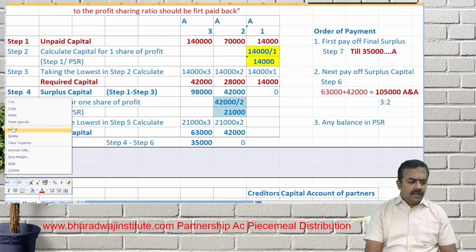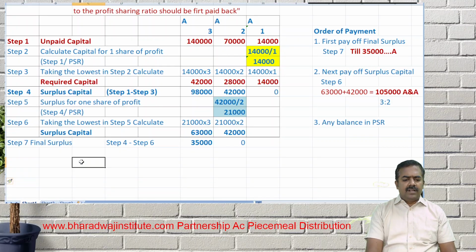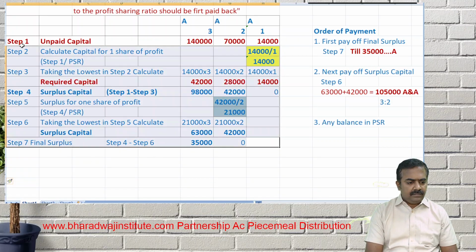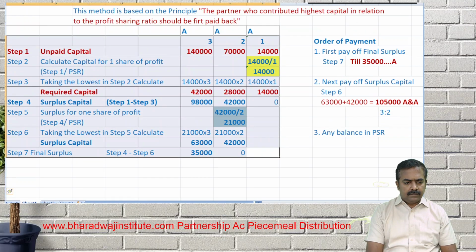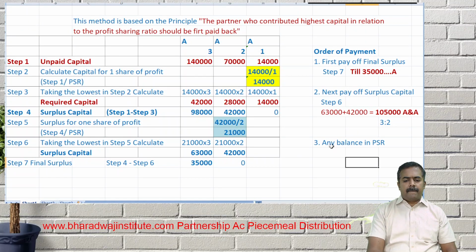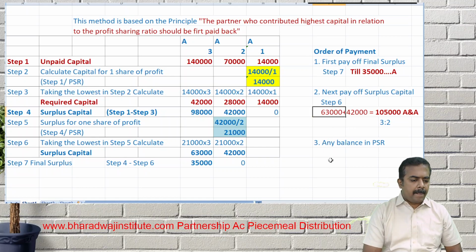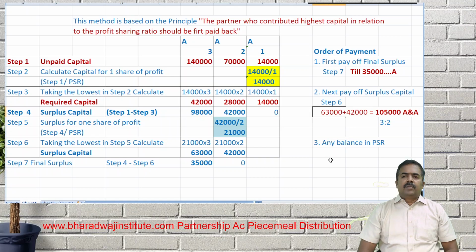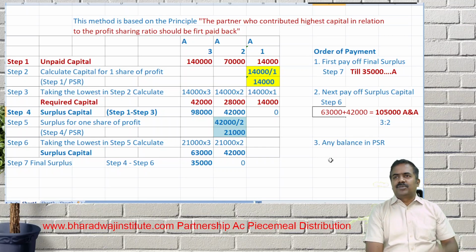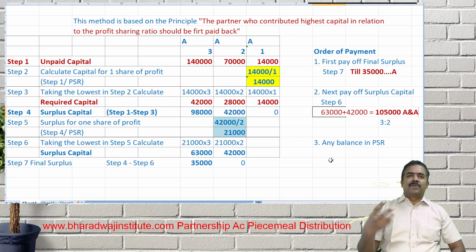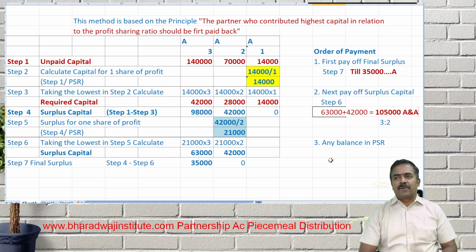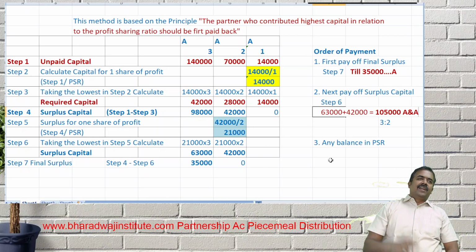More than copying, do it on your own so that it will save time. Problems are common between both the maximum loss as well as the highest relative capital method. There is no different type of problem for this and for that. All are the same problem. Okay, the final answer will be the same.